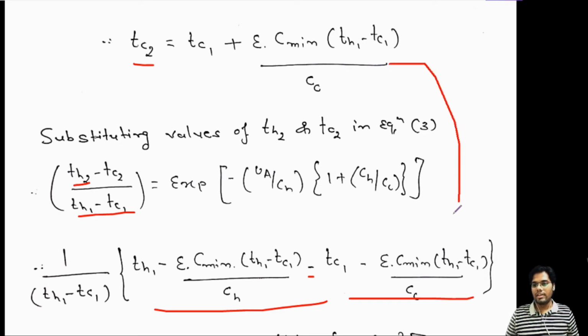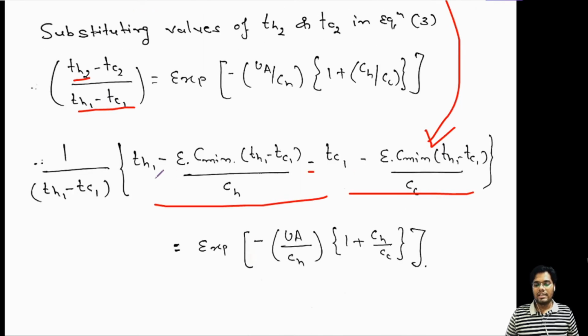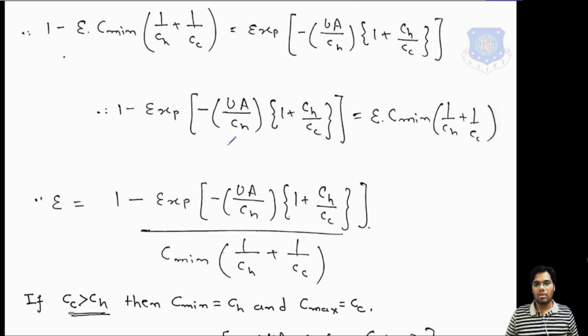So this is the value of Tc2, we can see. Due to the minus, this sign will change from plus to minus. Now we can see that this exponential term will be the same. From this we can see that there is a Th1 minus Tc1 which will be common.